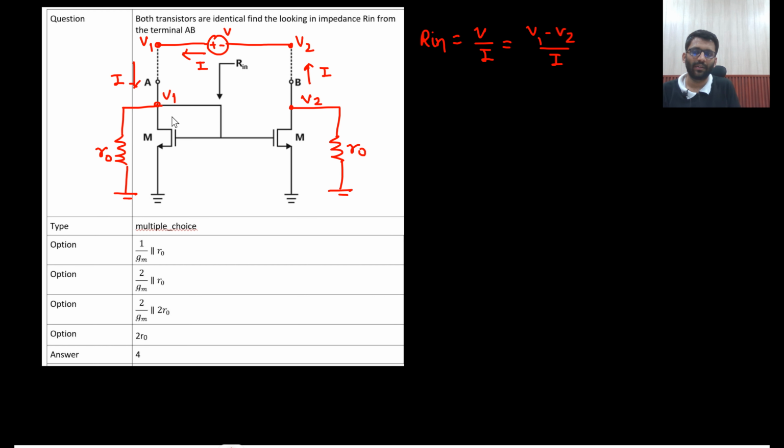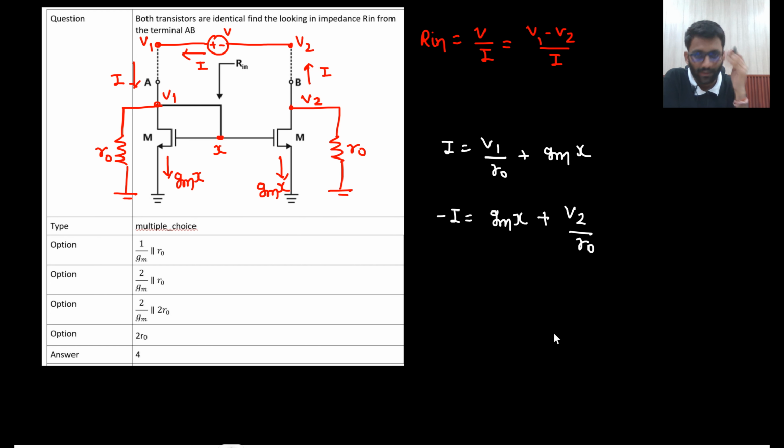So I see a very interesting thing here: my current I is equal to V1 by R naught plus GMX. And this current I is an outward current, not an inward current. So you can say minus I is equal to GMX plus V2 by R naught, right? Do you agree to this point?